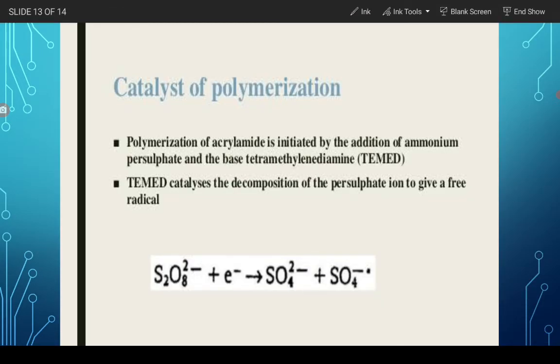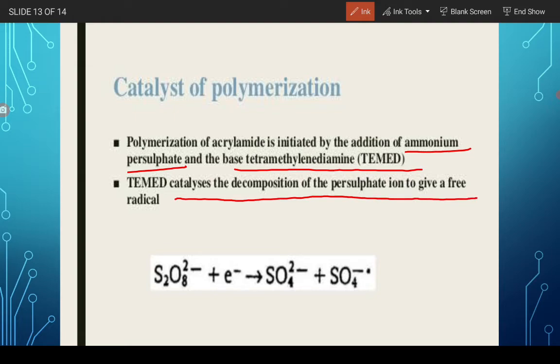So how does this catalysis polymerization occur? Polymerization of acrylamide is initiated by the addition of ammonium persulfate and the base tetramethylethylenediamine, TEMED. TEMED catalyzes the decomposition of the persulfate ion to give a free radical.